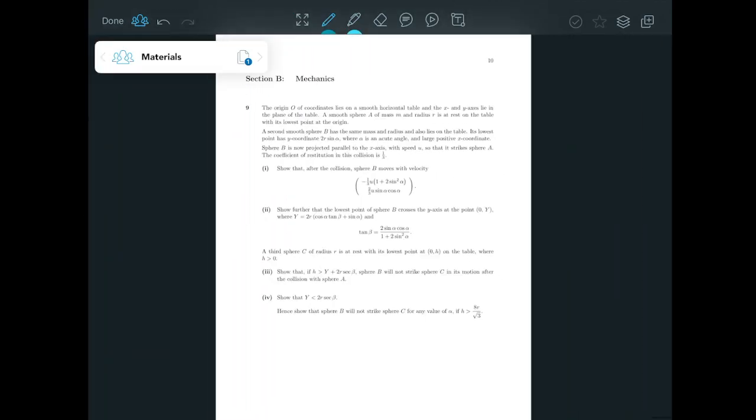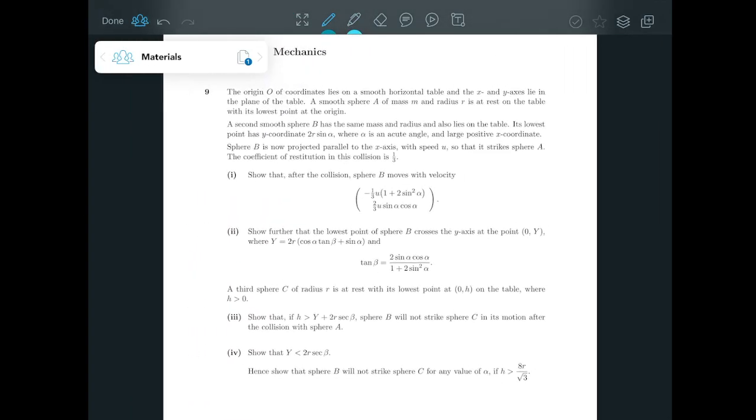Moving into the mechanics section, so unless this has something really obvious, these are, for me, an avoid. Skimming through here, we have an origin on a smooth table. Smooth sphere is at rest and the lowest point at the origin. Another sphere with the same mass and radius, so that's important for the centers lining up and not causing weird collisions.